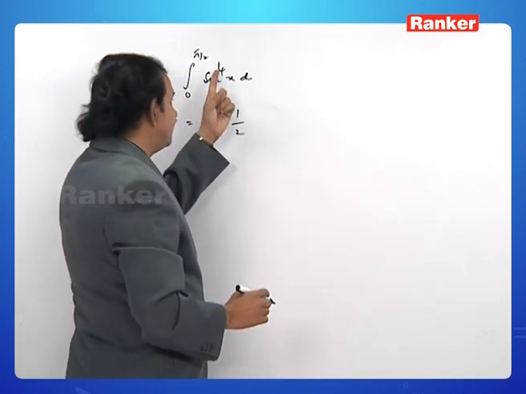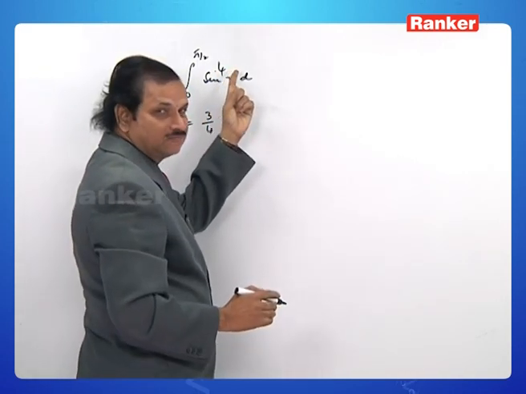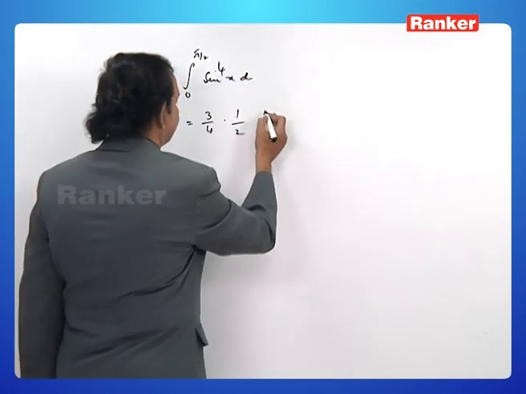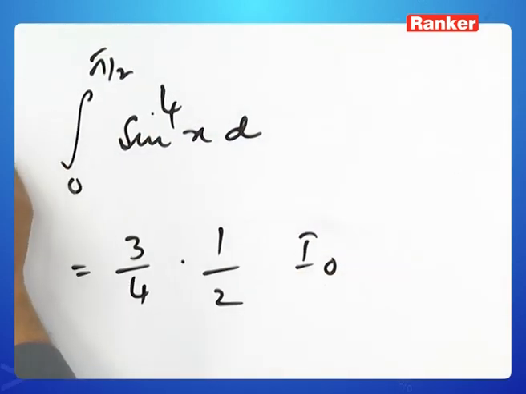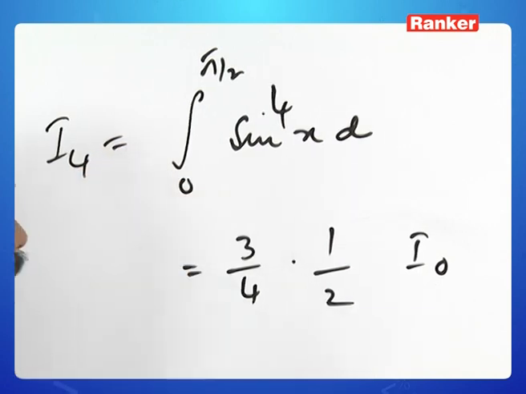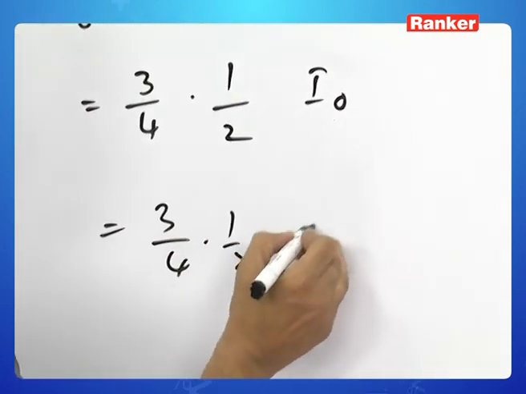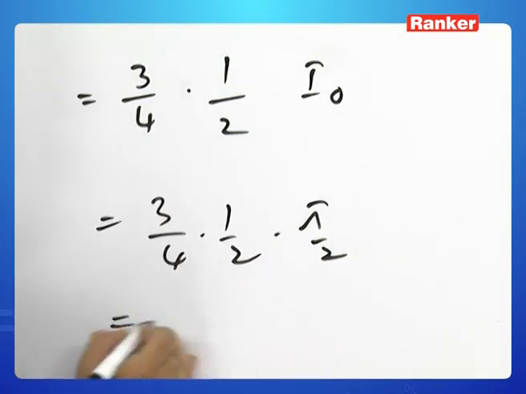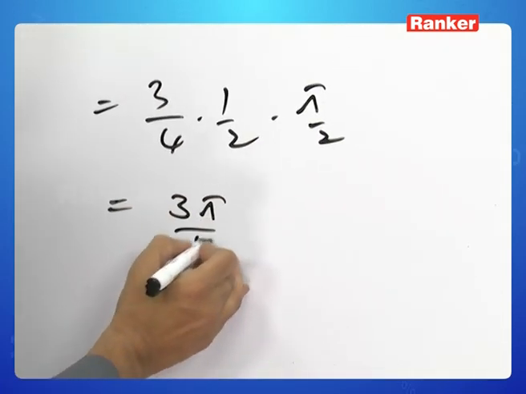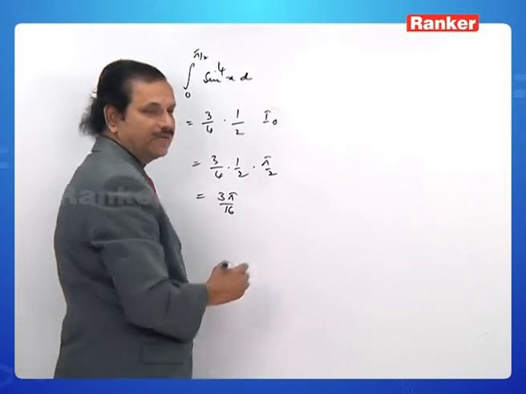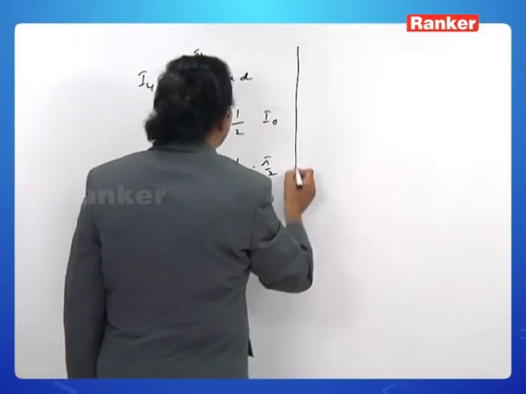Now think, is n even or odd? It is even. Therefore, you take I0, which is pi by 2. Hence, the answer is 3 pi by 16.